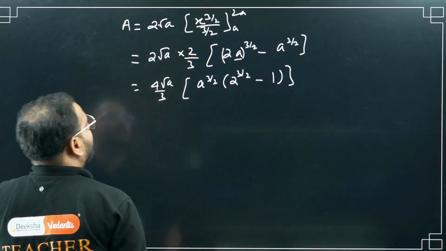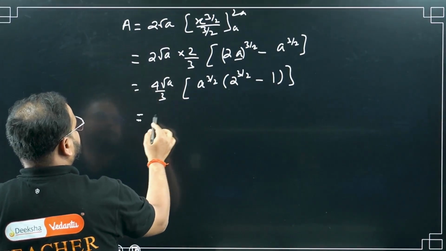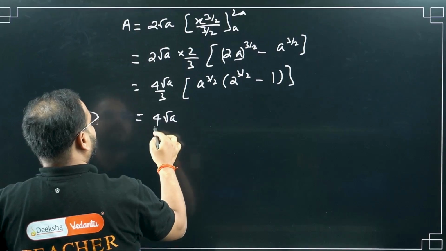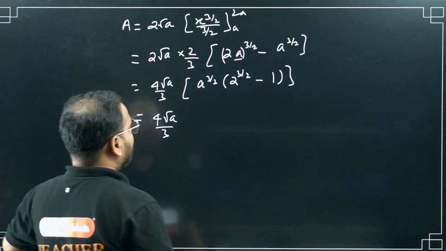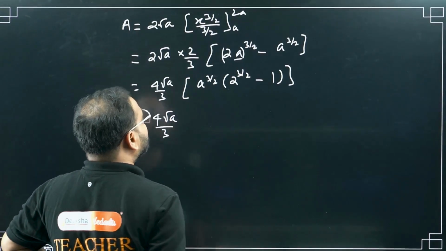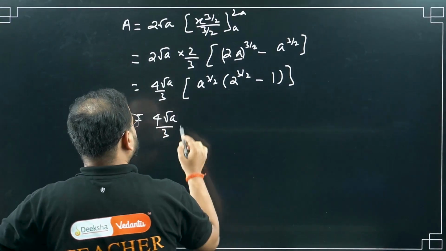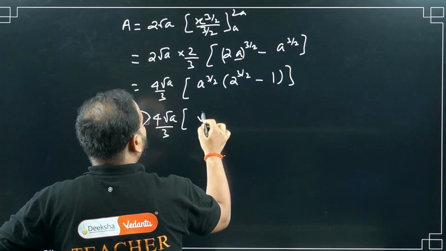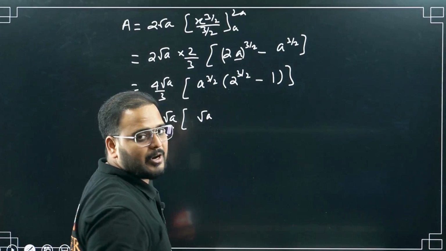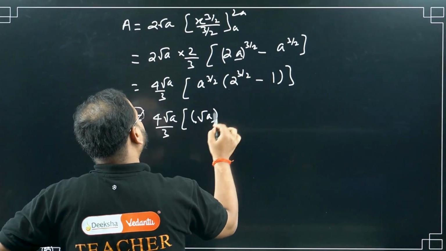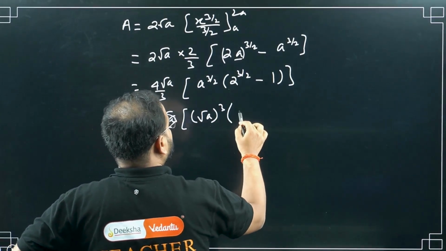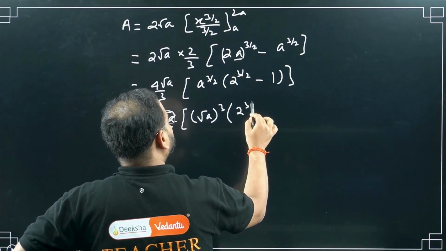Now take this 4 root a by 3. What do I have? A power 3 by 2 means what? Please understand, it means root a to the power 3. If I take the power 1 by 2 part, root a to the power 3. I know that you know this, I'm just explaining because of the variable.